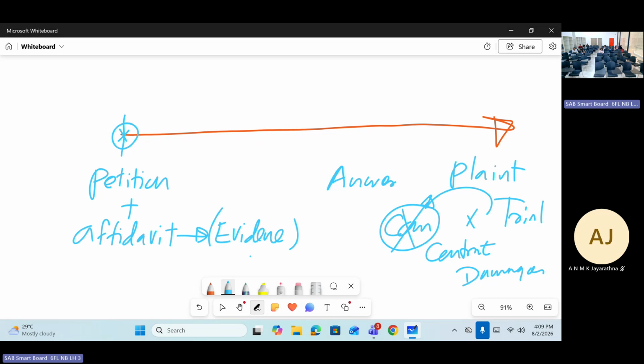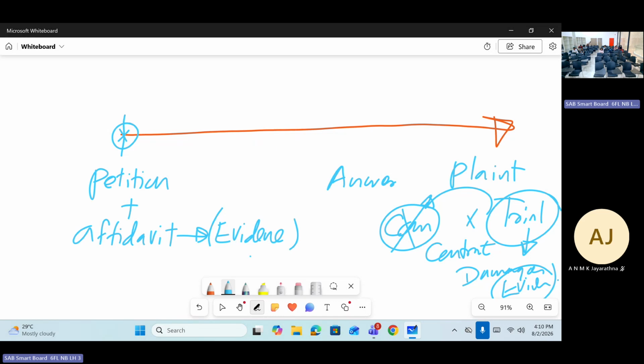After considering the evidence, the court will give the final decision. So in the first instance, the court cannot make suitable orders without proper evidence.